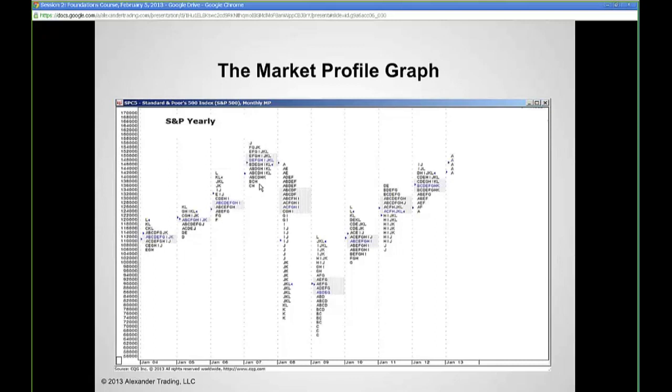Value changes. So if you're sitting there assuming this is always going to be value, you're going to lose a lot of money. That's why you've got to understand the concept of value and the migration of value, and when value is transitioning, when the present perception of value begins to change, you have to recognize that and change with it.